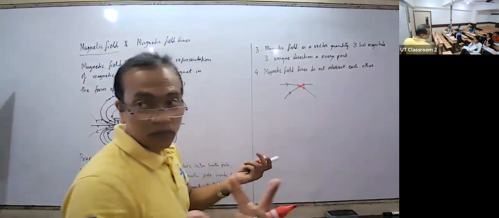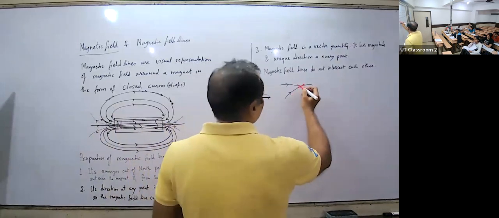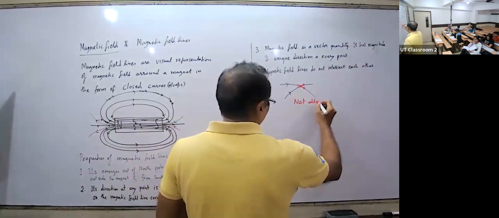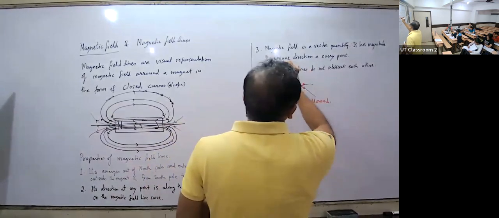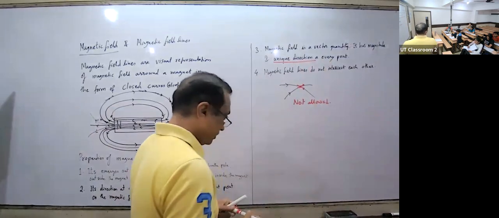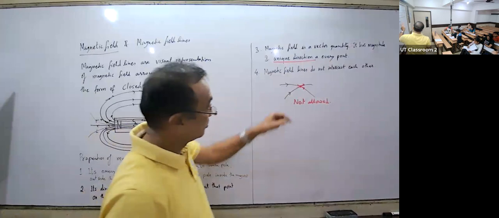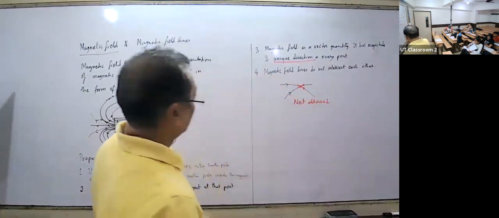So which tangent to take? Is the direction unique? No. So that's why it's not allowed. At intersection, the direction is not unique because there are two tangents there. Okay. Next.